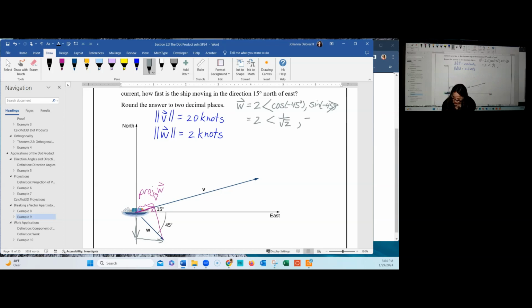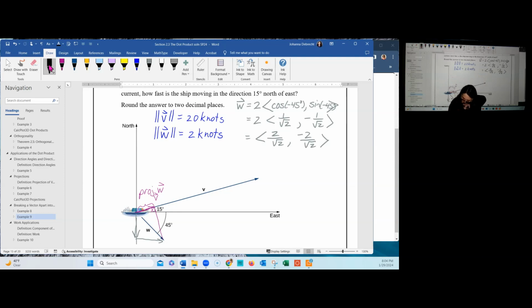So this gives me negative 1 over the square root of 2, which gives me 2 over the square root of 2, negative 2 over the square root of 2. Right? Now, this is a unit vector because the cosine squared of this plus sine squared of that, you know that since the angles are the same, cosine squared plus sine squared gives me 1, and the square root of 1 is 1.